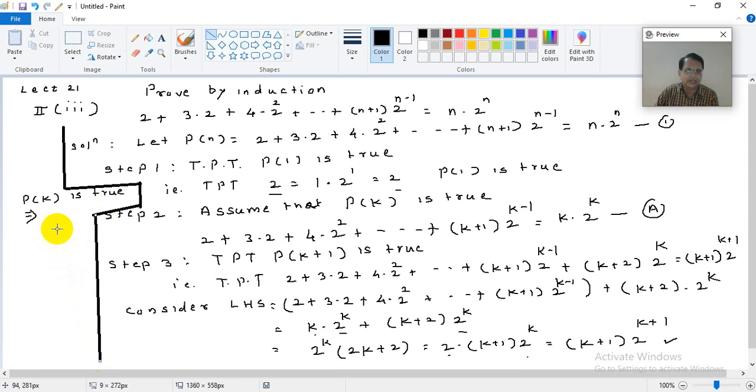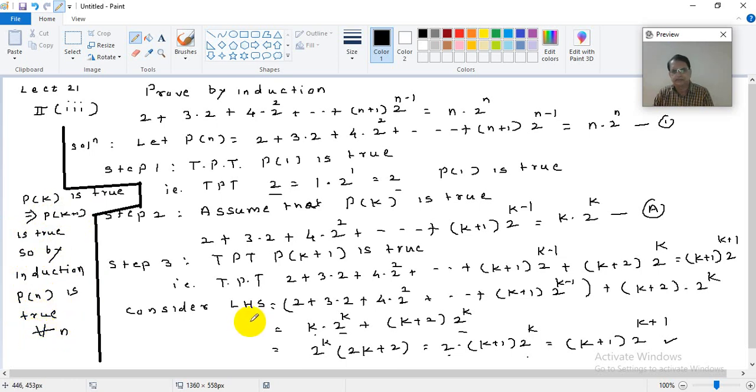Okay, so this part is separated. So pk is true implies pk plus 1 is true. So by induction, Pn is true for all n. So that is proved.